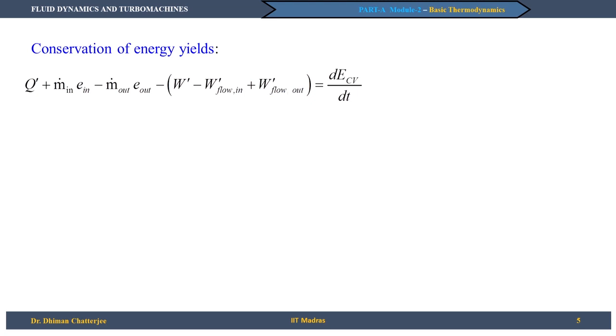See, E in is the specific energy which comprises terms like internal energy U, which is due to the molecular motions, plus the macroscopic kinetic energy like half V square, plus the potential energy Gz.